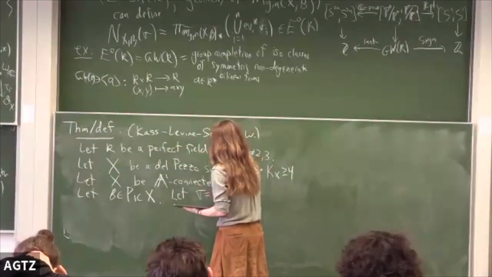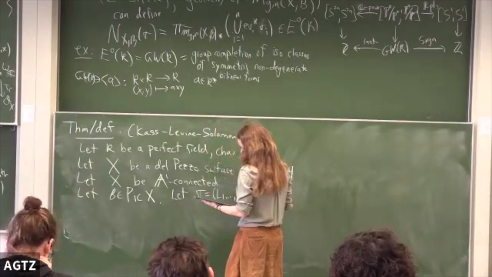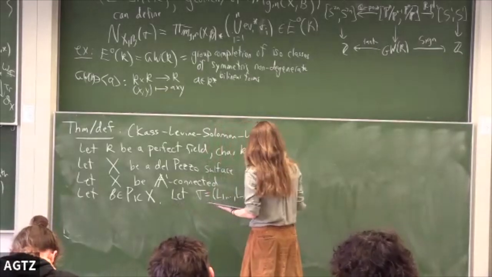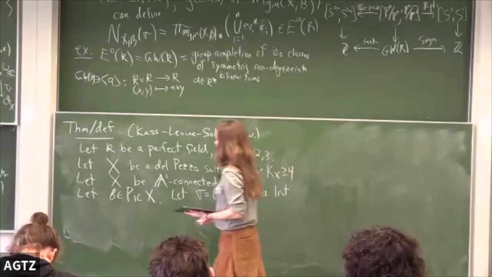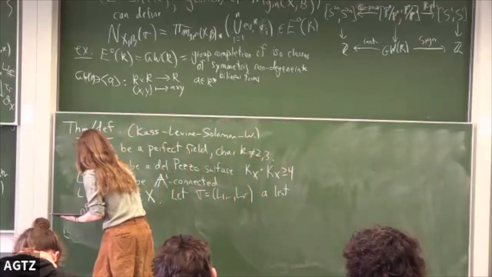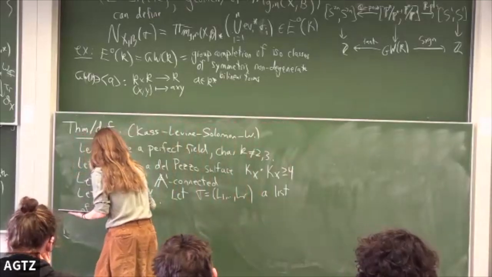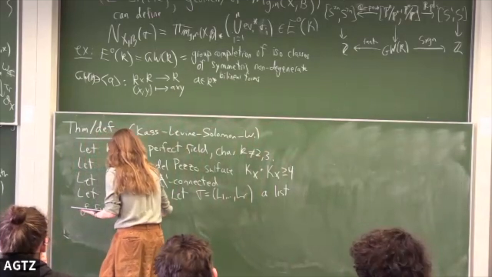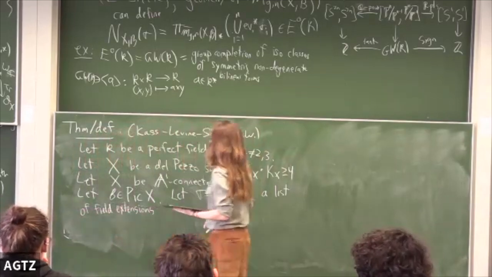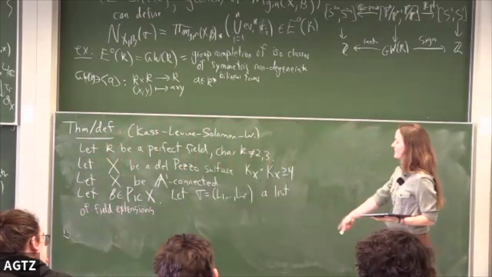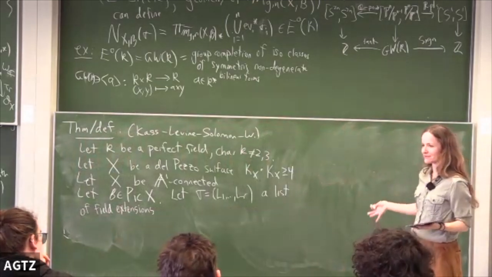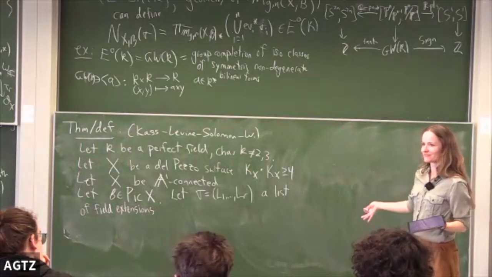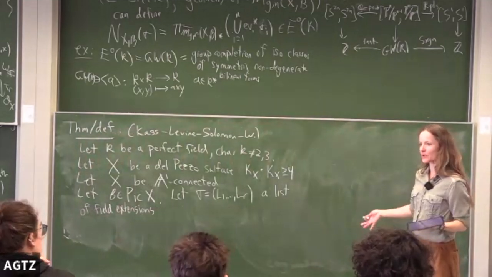So let sigma equal L1 through LR, a list of field extensions. We're going to pick points generically, or at least in some virtual way. Sometimes there aren't Li points on a given interesting Del Pezzo surface, even if it's A1 connected.